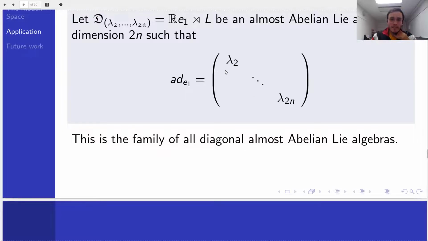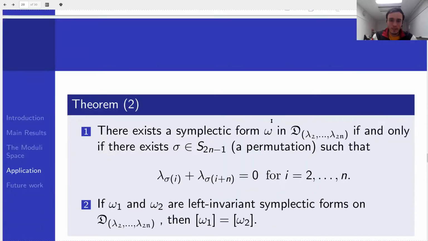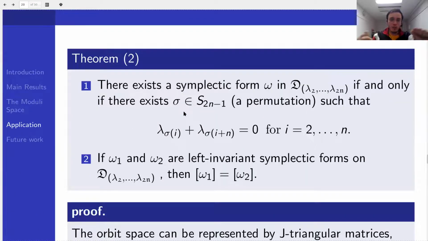So by pairs, the sum of these has to be equal to 0. You always have to have some pairs such that the sum is equal to 0. So again, there exists a permutation such that, by pairs, the sum is equal to 0.